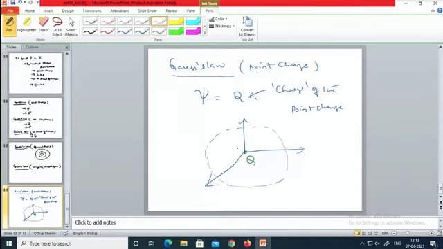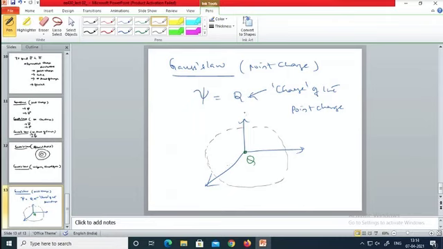Okay, so what happens here? We are interested in finding the amount of flux leaving this assumed sphere. That amount of flux phi should be equal to what? Q, because that is the amount of charge present inside the sphere.